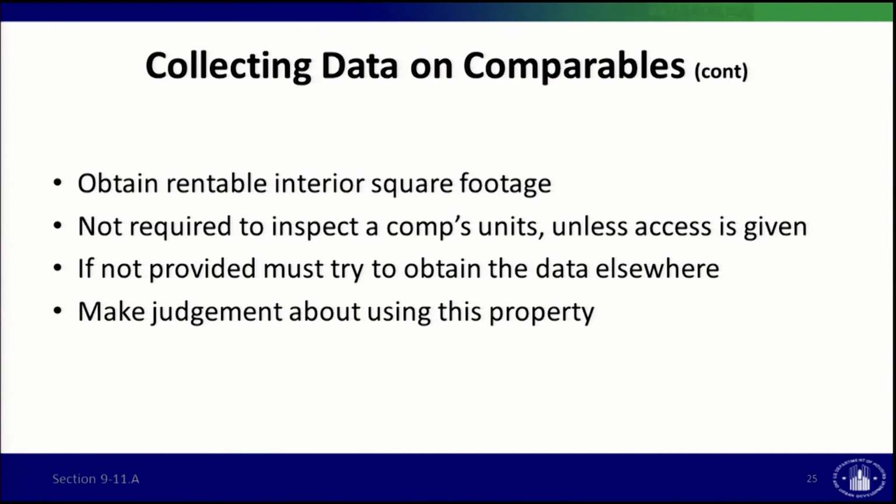Now, you're not required to inspect a comp's units unless, again, access is provided. But if you don't inspect the unit, then you must try to obtain the data elsewhere. If you only have access to the exterior measurements, then you need to use your judgment about converting that exterior measurement into rental square footage. You should also use your judgment as to whether this project really should be used as a comp.